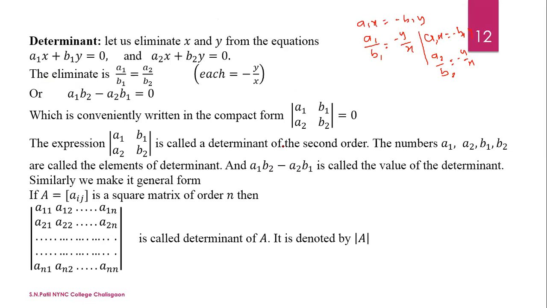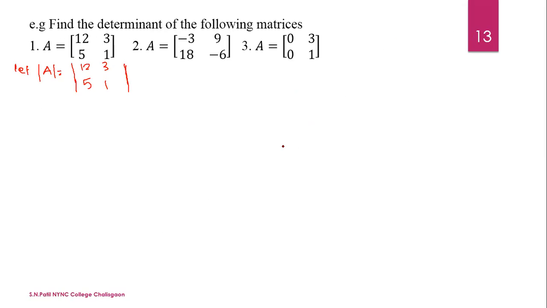So it can be written as 12 into 1 minus 5 into 3. Then we get 12 minus 15, that is minus 3.